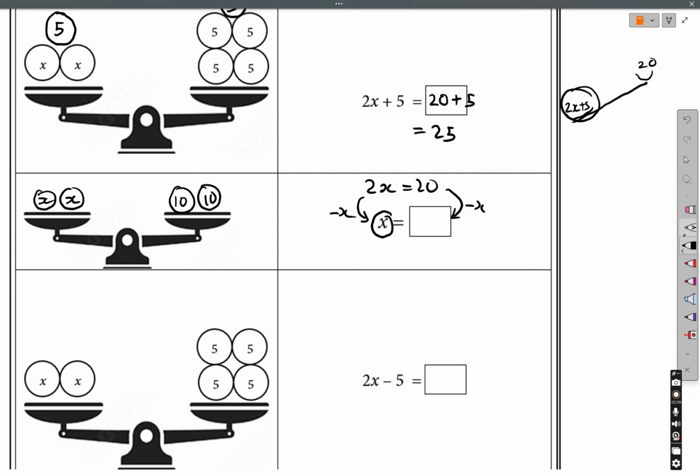But this isn't helpful, right? This will give us 20 minus x. So instead of minus, we can divide by 2. Similarly, on the right hand side, I will also divide by 2. So I am left with 10.